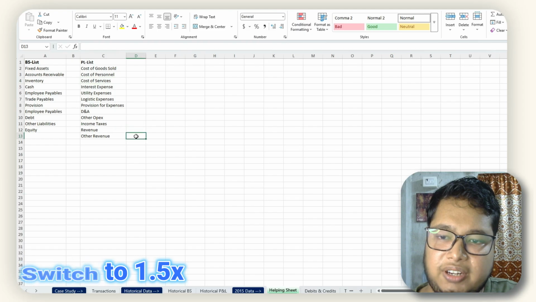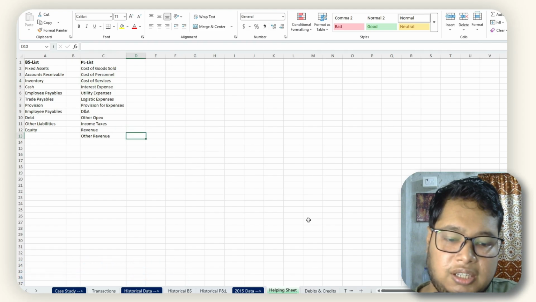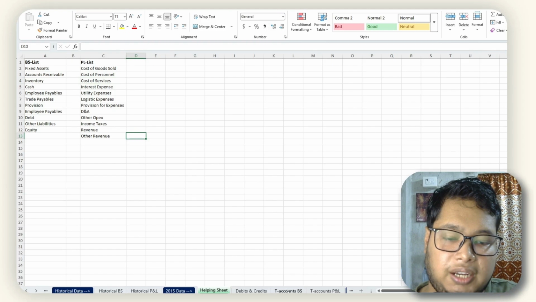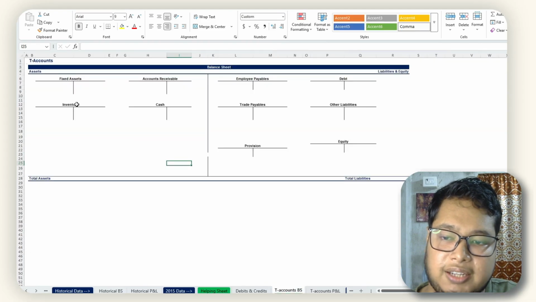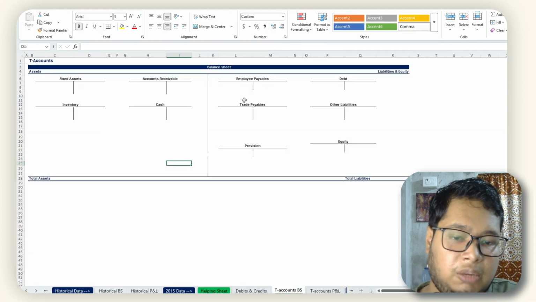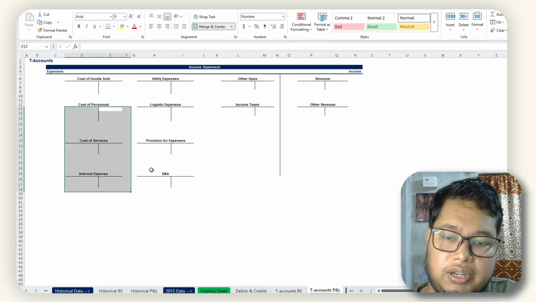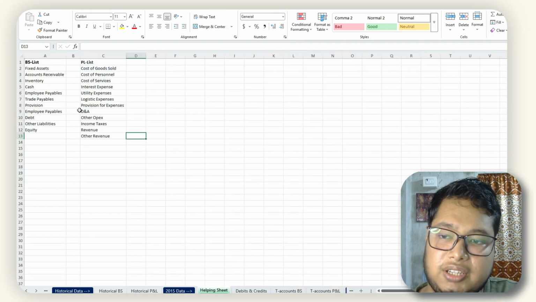What I have done in the meantime is this: these are the T accounts and the limited accounts we have, like fixed assets, inventory, employee payables, and some for PNL as well, like DNA, provisions, whatever. I have created a new sheet called helping sheet, and I have made the list.